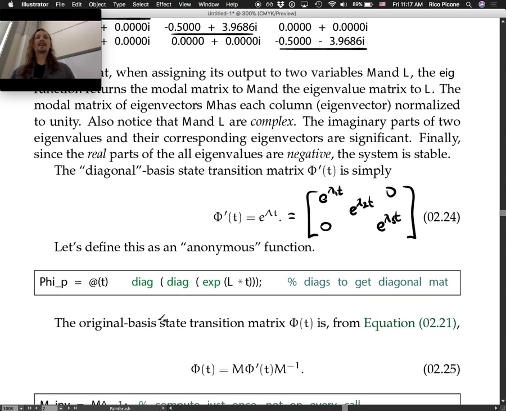So diag is kind of a weird function. If you hand it a matrix, it returns to you the diagonal of the matrix as a vector. If you hand it a vector, it returns to you a matrix with that vector on the diagonal and zeros elsewhere. Okay?